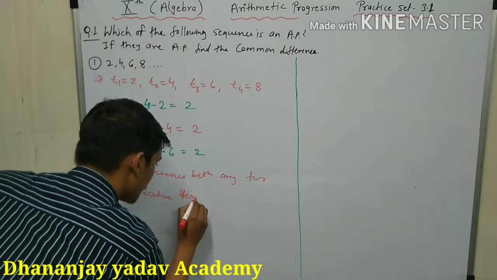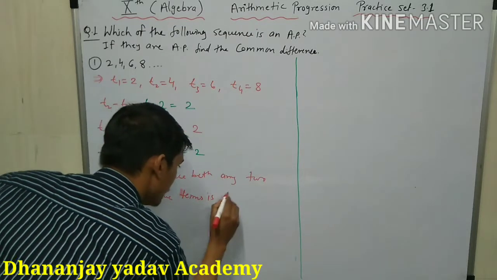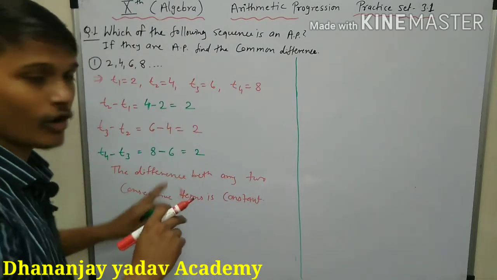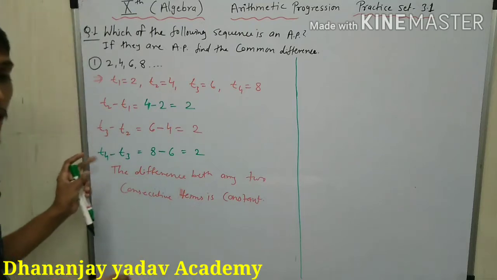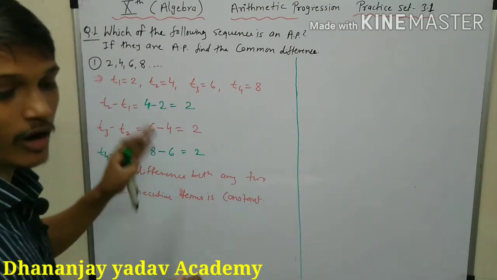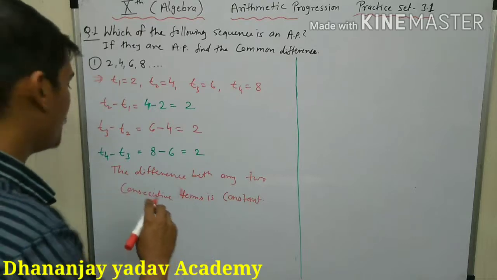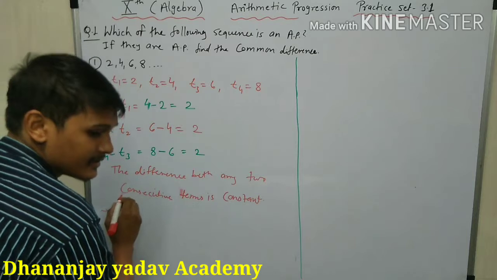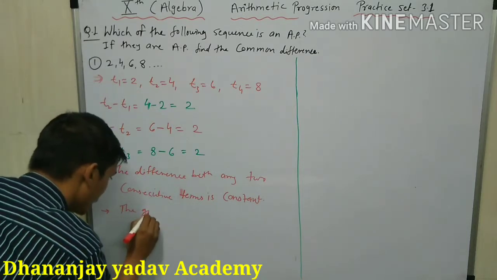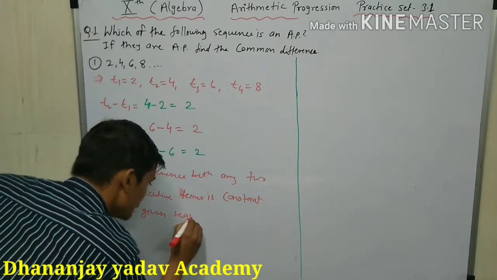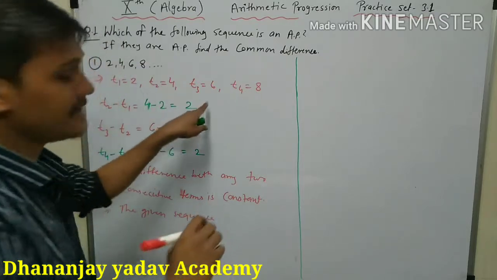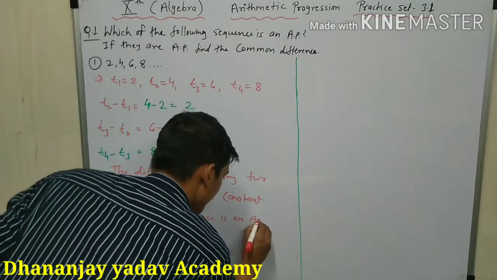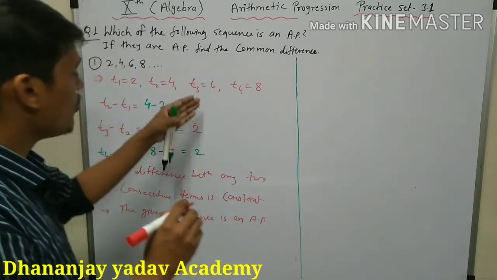Here 2 is constant, so the given sequence is an AP. You can write here, the given sequence is an AP. Understood?